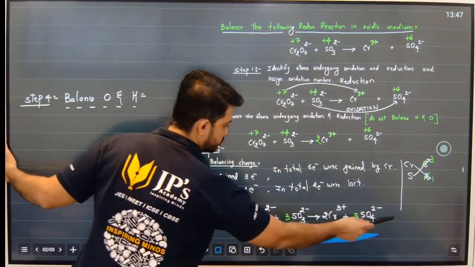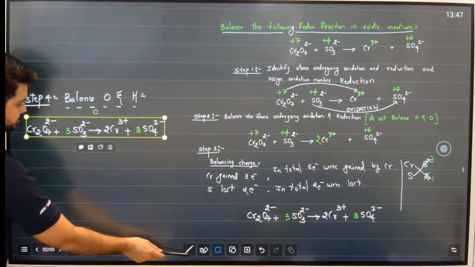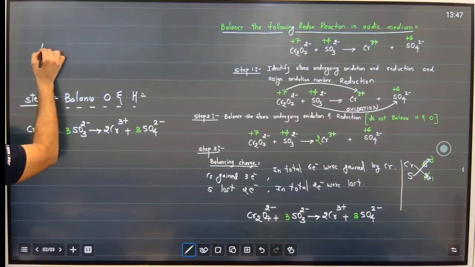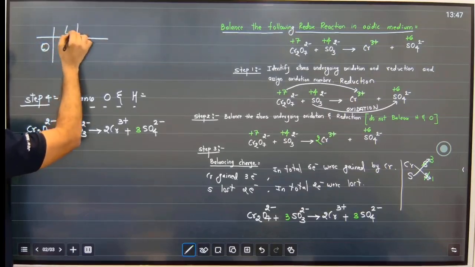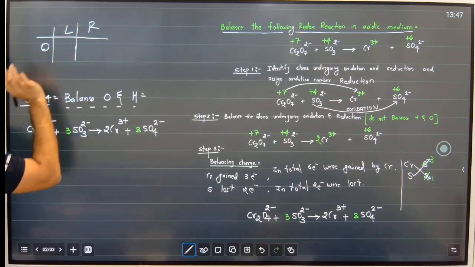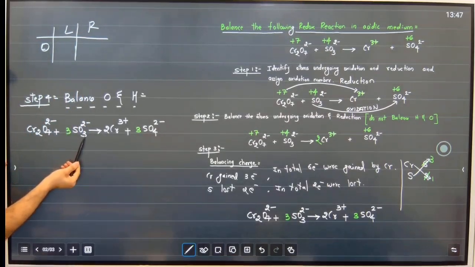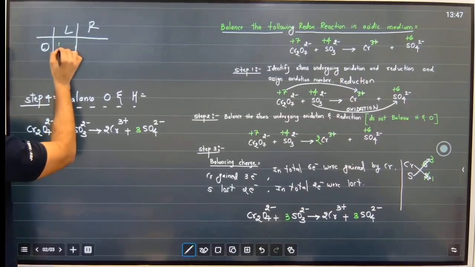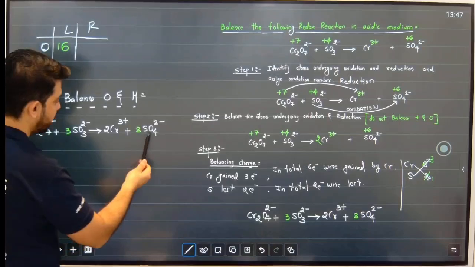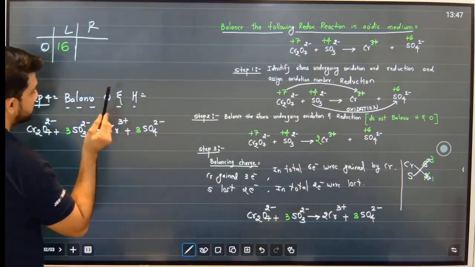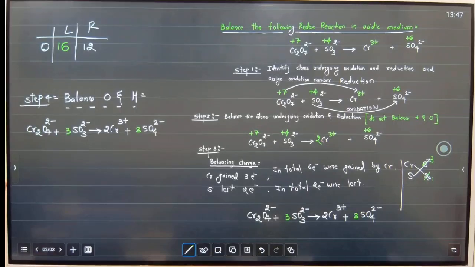In this equation, students, we will count the number of oxygens. Left में if I see 7 oxygen atoms, 3 3s are 9, 9 plus 7, there are 16 oxygen atoms on the left. But on the right hand side, 3 4s are 12 oxygen atoms.